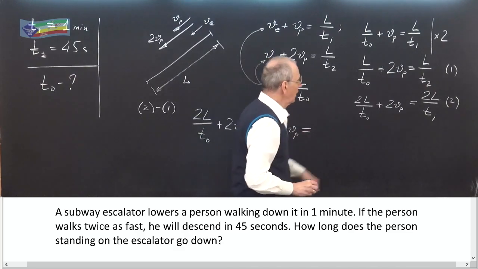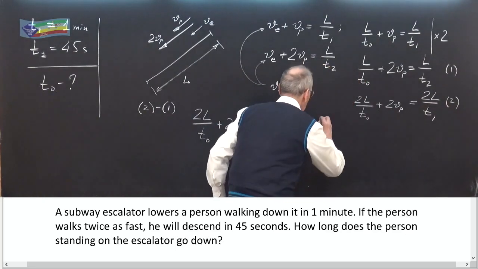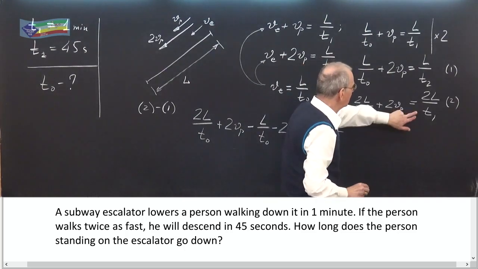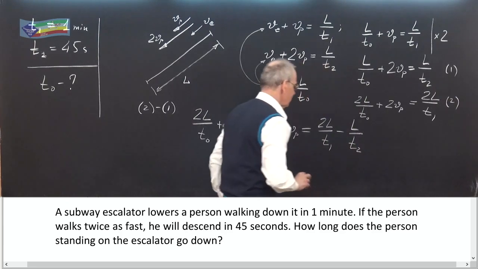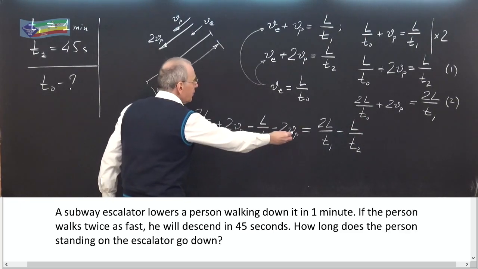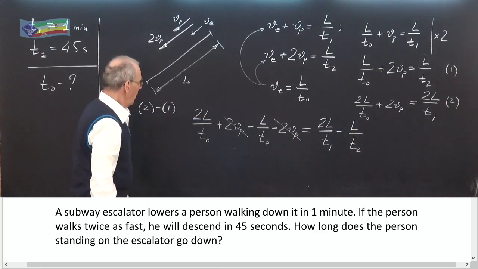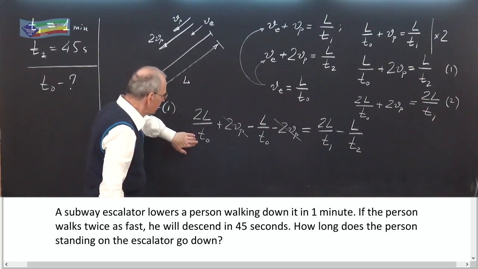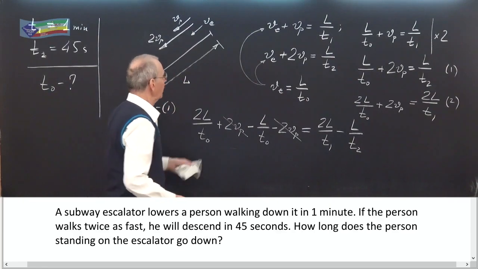On the right: doubled L over T1 minus L over T2. Now we can get rid of the unknown Vp. It eliminates. And in the left part, doubled L over T0 minus L over T0 gives simply L over T0.